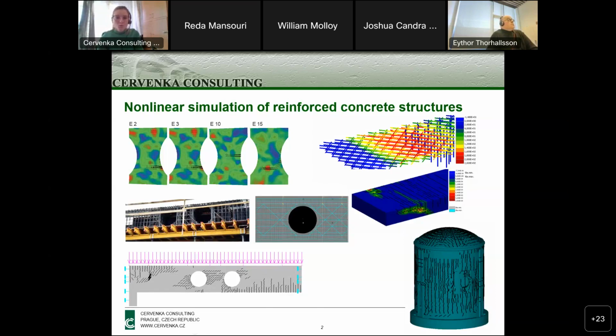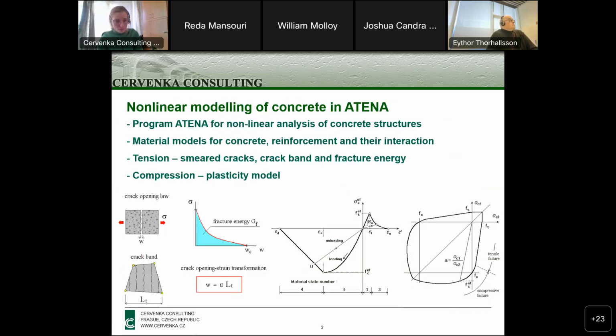So I guess most of you are familiar with our software that is used for nonlinear simulation of reinforced concrete structures. In general, the material model that we are using for concrete is very versatile, and it captures the behavior of concrete for its tensile response and also compression.